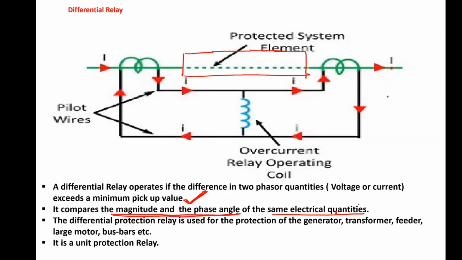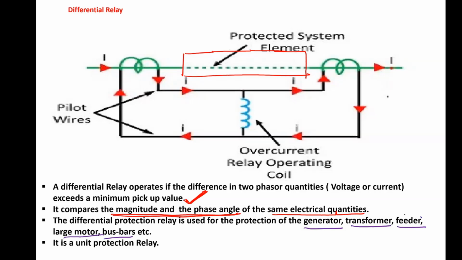Okay. So the differential protection relay is used for protection of what? Especially the current differential relay is used for protection of generators, transformers, feeders, motors, and bus bars.